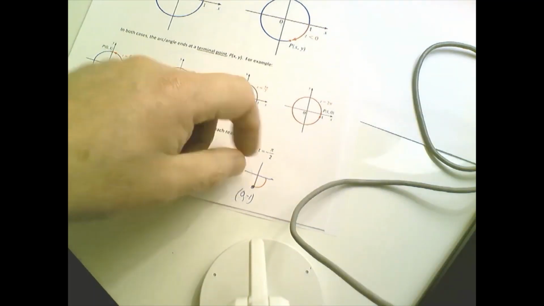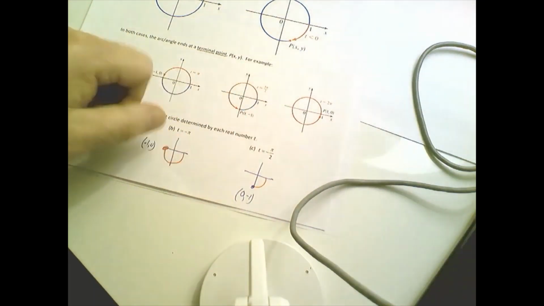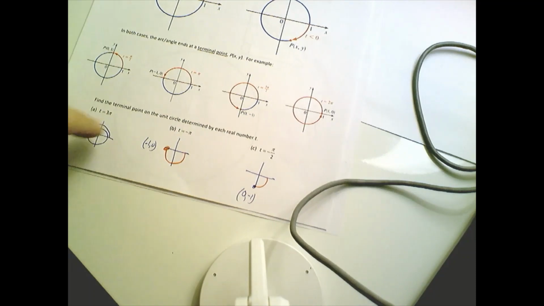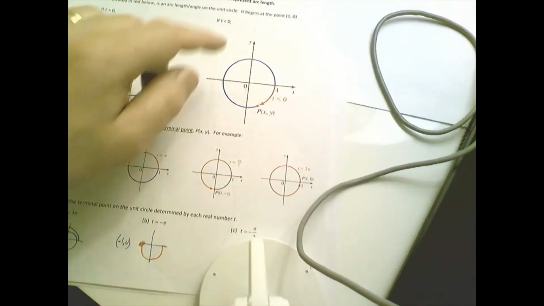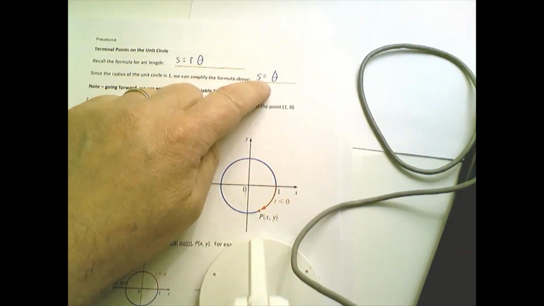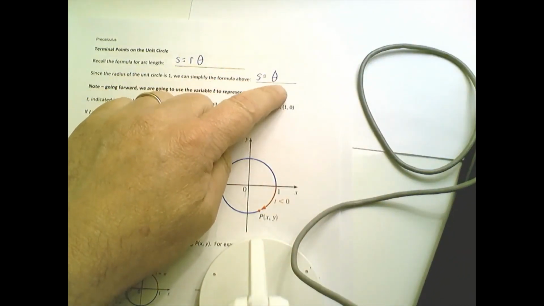Negative pi over 2 took me right there. Negative pi took me halfway around. An arc length of 3 pi puts me right there. So remember, on the unit circle, arc length equals your angle measured in radians.